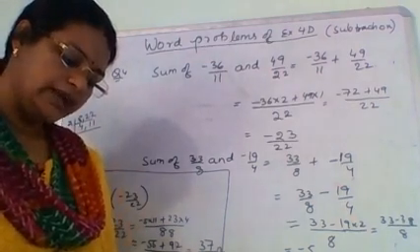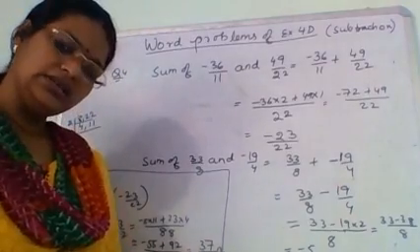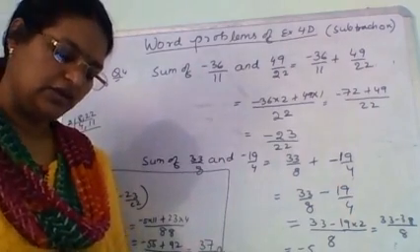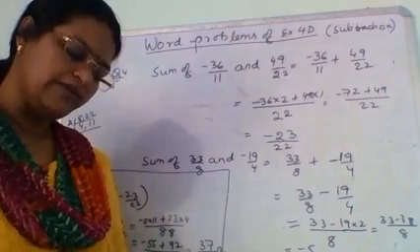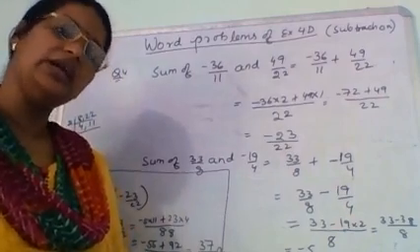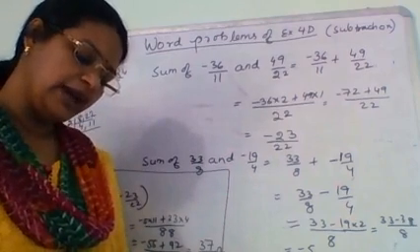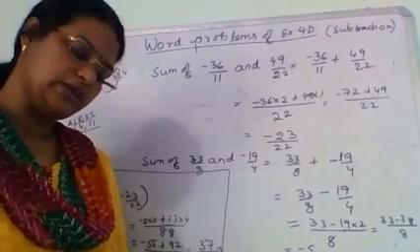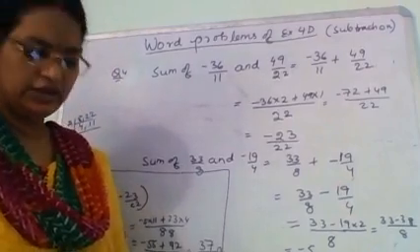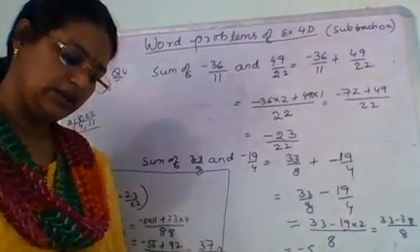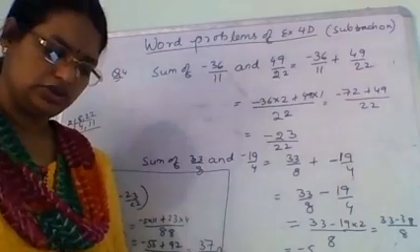What should be added to minus 3 by 8 to get 5 by 12? 5 by 12 minus of minus 3 by 8. What should be added to minus 12 by 5 to get 3? 3 minus of minus 12 by 5. What should be added to minus 5 by 7 to get minus 2 by 3? Minus 2 by 3 minus of minus 5 by 7. So similarly you can do these questions. Right.